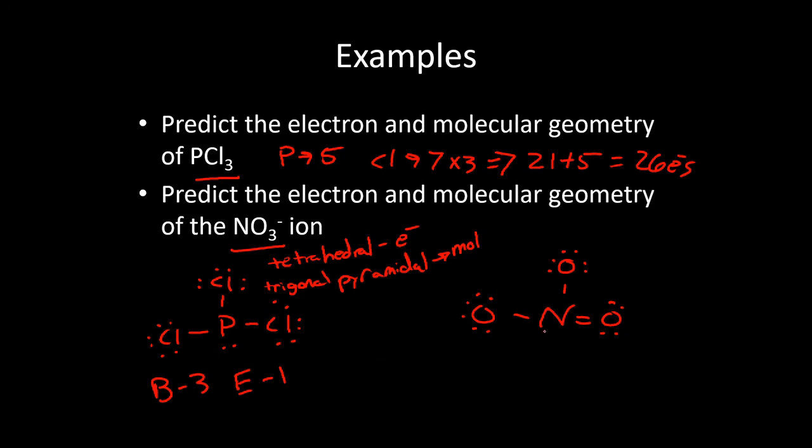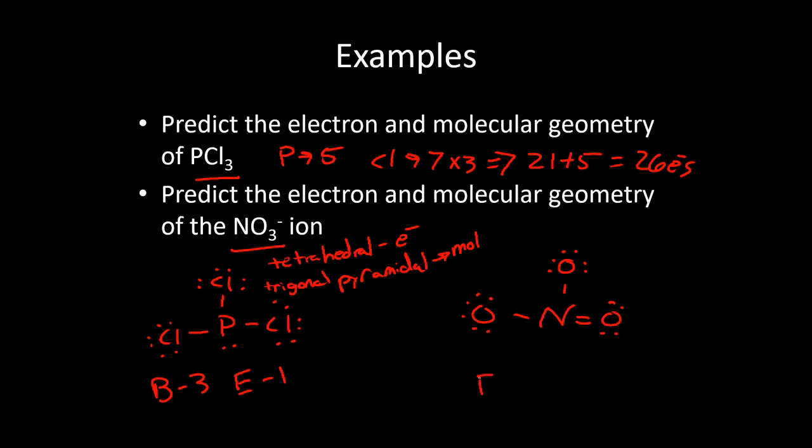So for nitrate, we're going to do the same type of thing. We're going to check just the central atom. How many electron groups does the central atom have? If you thought 4, then what you were doing was just counting the bonds. We don't want to count the bonds, we want to count the groups. The nitrogen has 3 groups around it, because that double bond counts as 1 group.